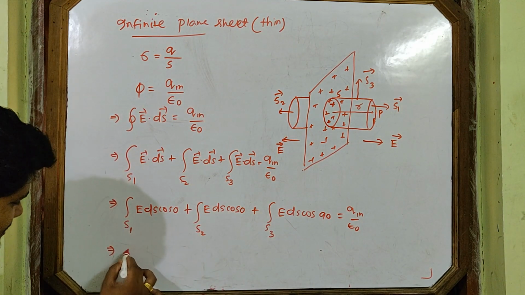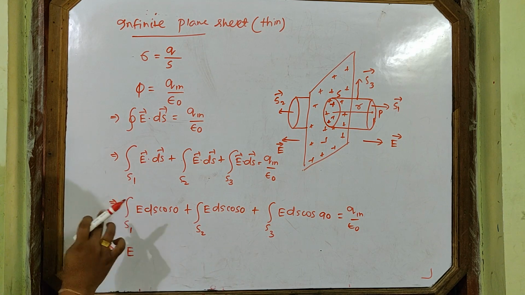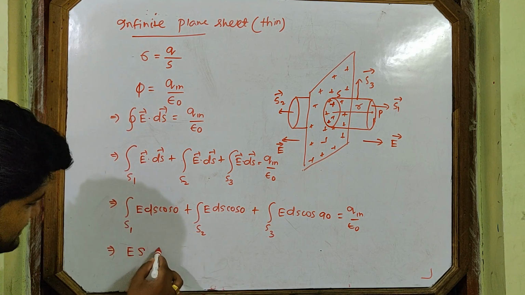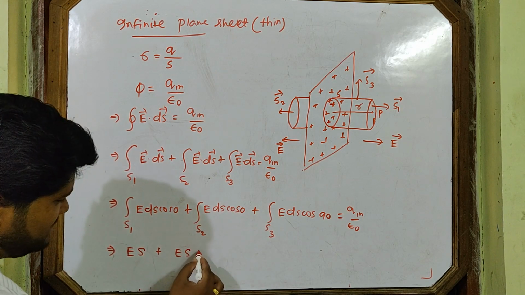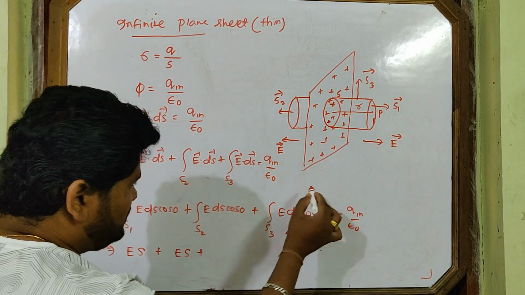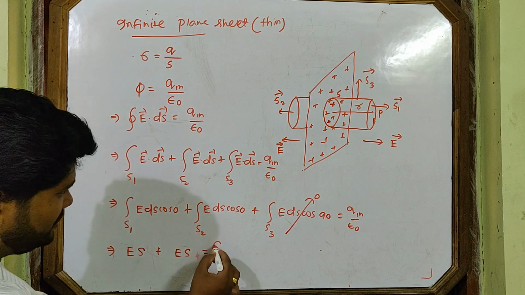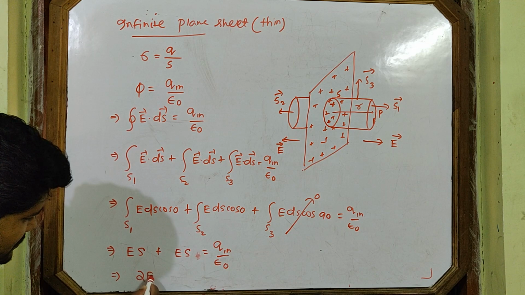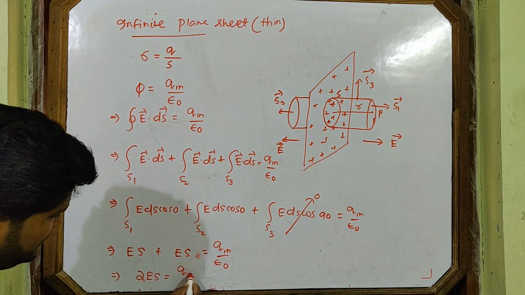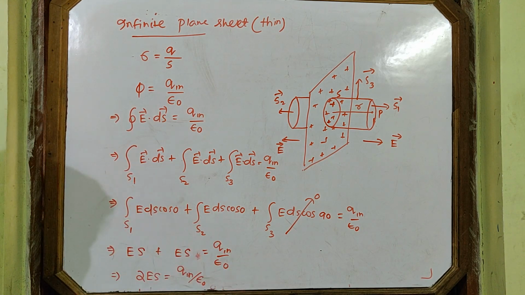So this one, electric field constant on the Gaussian surface taken to outside, ds integration is S. Then electric field constant taken to outside, ds integration is S. And this is 0 as cos 90. So Q in by epsilon naught. What it comes? 2E is Q in by epsilon naught.